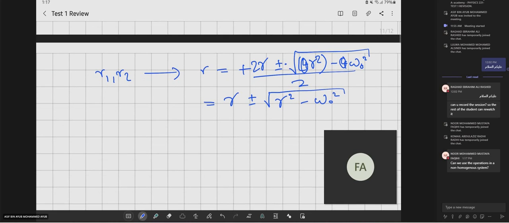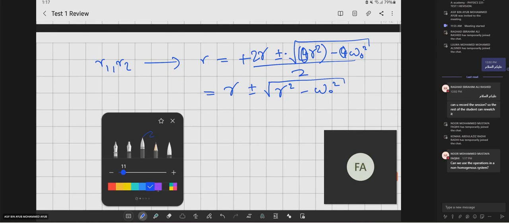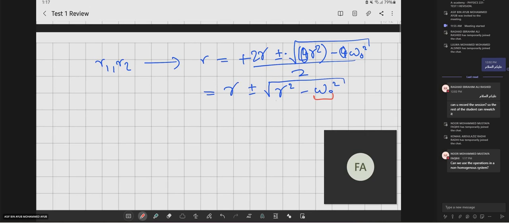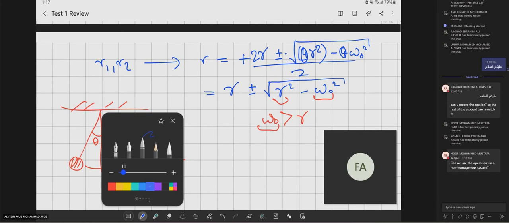Usually you have omega naught greater than gamma because of physical reasons. Omega naught is related to the natural frequency. Suppose I have a pendulum, the frequency with which it oscillates is usually omega naught. And gamma is the damping coefficient.